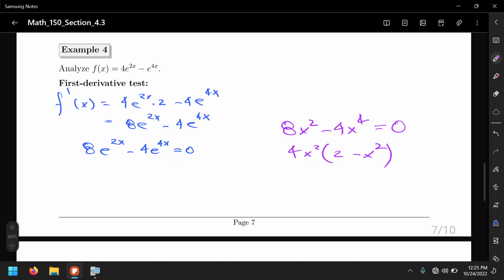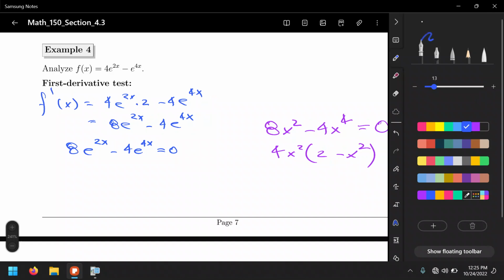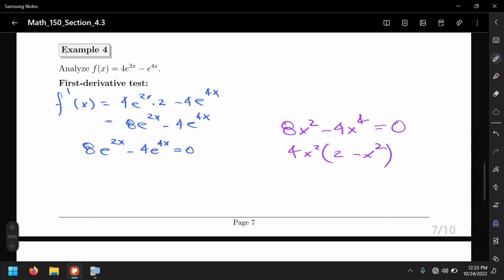All right. So how do we apply this to these exponentials? Well, in a similar way, however, with exponentials, not with polynomials. So I'm going to factor a 4e to the lowest exponent of the exponential, that is e to the 2x, times 2 minus e to the 2x equal to 0.